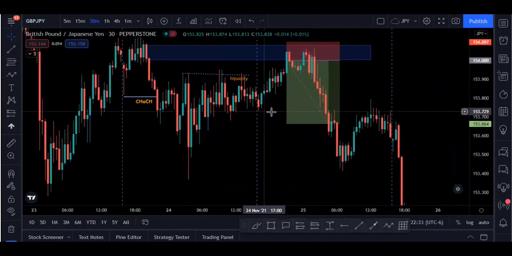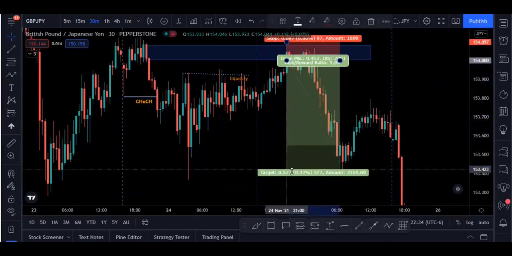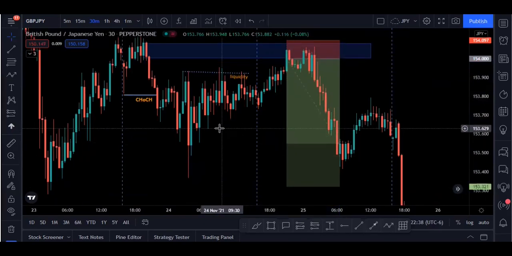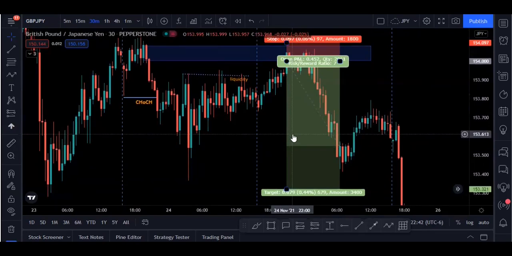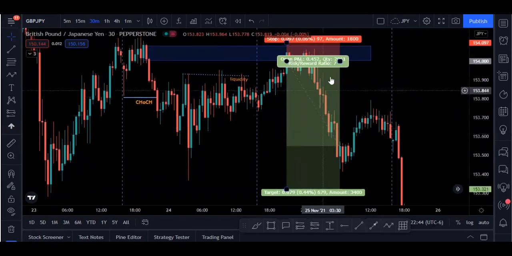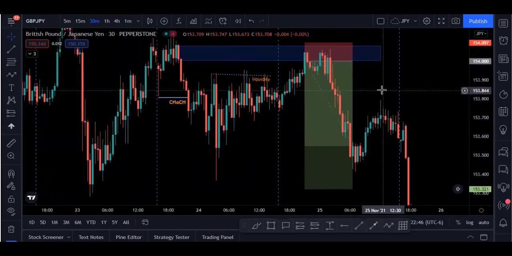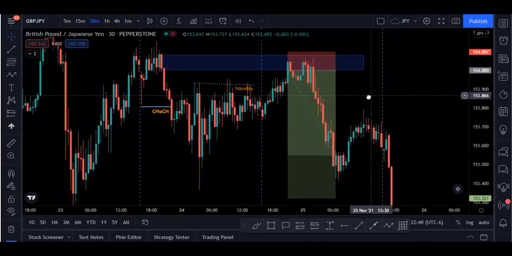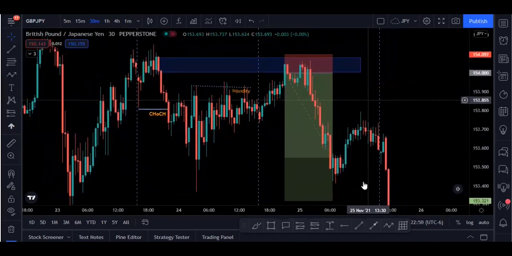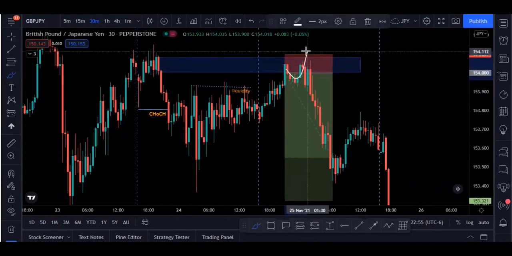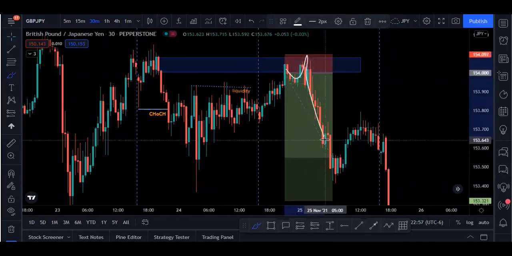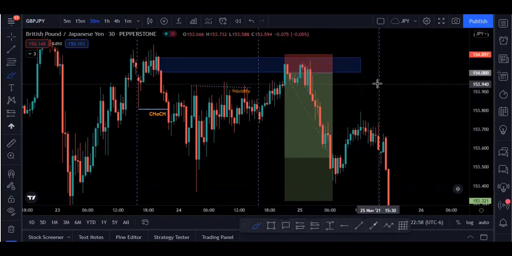And your first take profit could have been at the low, either here or at this low over here, which could have given you a pretty good risk reward ratio of 1 to 7. That was a little bit risky. Why? Because we didn't know for a fact if price was going to wake up, right? If it was going to do some manipulation and then if it was going to drop.